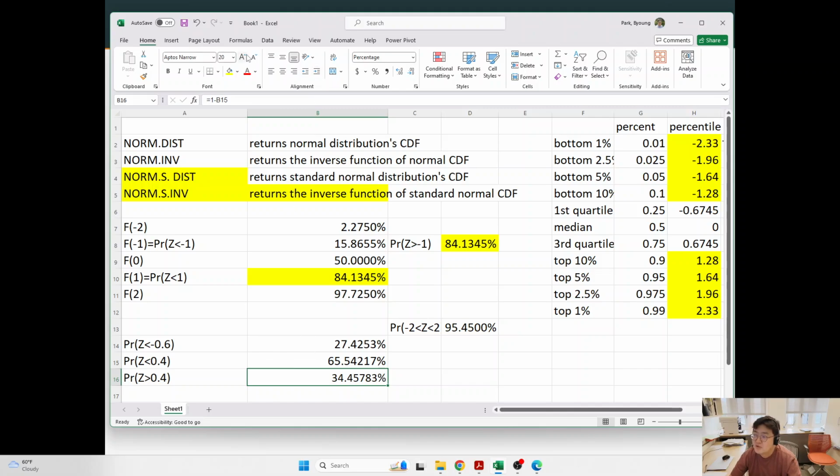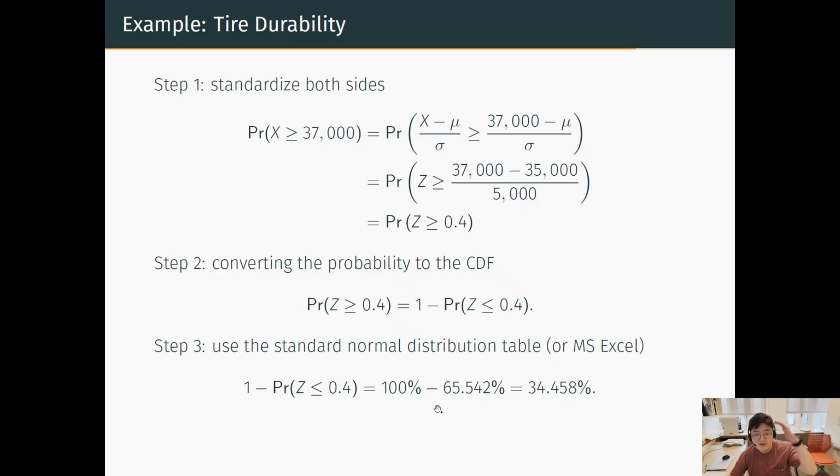Okay, so it should be simple, right? It's just mechanical steps. Standardize, check if it's cumulative probability, and if you have cumulative probability, you may use Excel. That's the basic 3 steps when you calculate normal distribution probability.